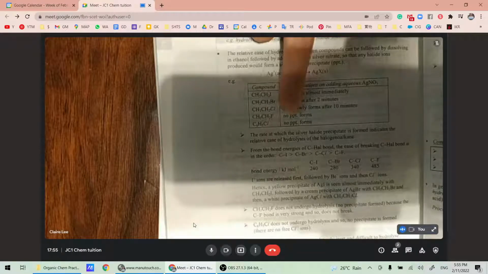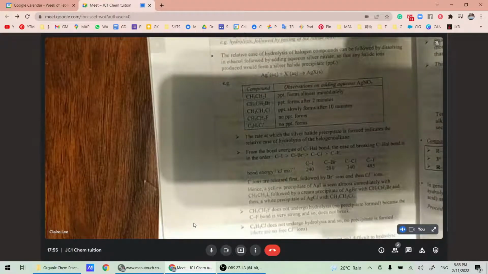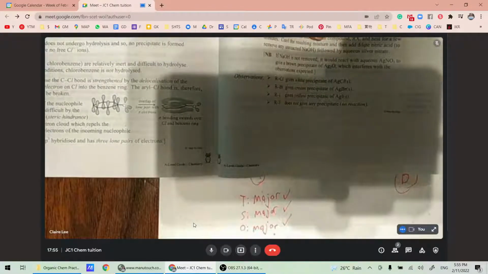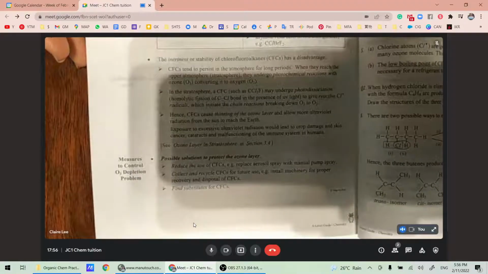The speed at which the precipitate forms gives you an indication of the speed of the hydrolysis. Like iodine, because it hydrolyzes the fastest, your precipitate is almost immediate. And chlorobenzene doesn't form a precipitate. Then also memorize the color of the respective precipitate. Silver chloride is white, silver bromide is cream, and silver iodide is yellow.